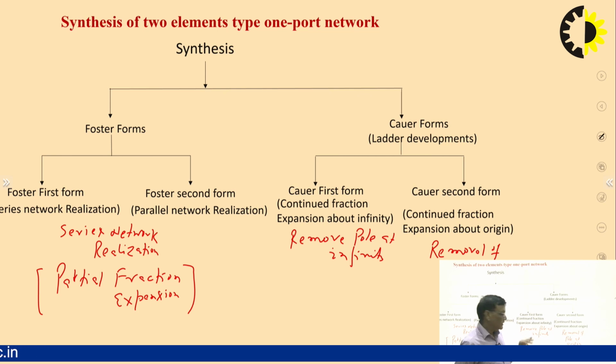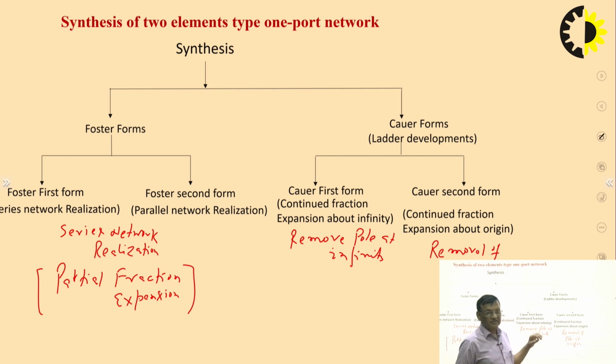How do we do it? We arrange the function in descending order and divide the numerator polynomial by the denominator polynomial. In continued fraction expansion about origin, we remove the pole at origin. We arrange the given function in ascending order and divide the numerator polynomial by the denominator polynomial. We get the quotients.